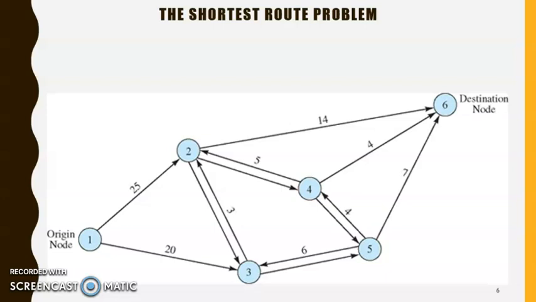So that's the reason we don't have any route from 6 to 2, 6 to 4, 6 to 5, although all these roads are two-way. But we are specifying for the mathematical model, or we are telling the computer, do not consider getting away from 6. As soon as you get to the 6, stop over there. That's the end of the journey.